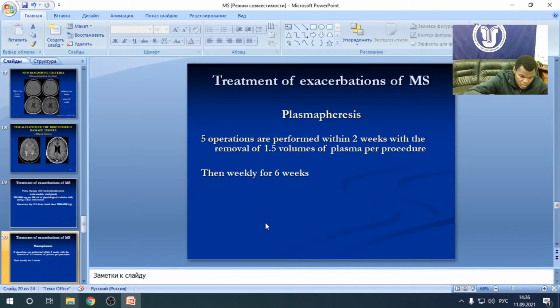All the blood in the body will pass through the device, which cleans the blood from the inflammatory process.